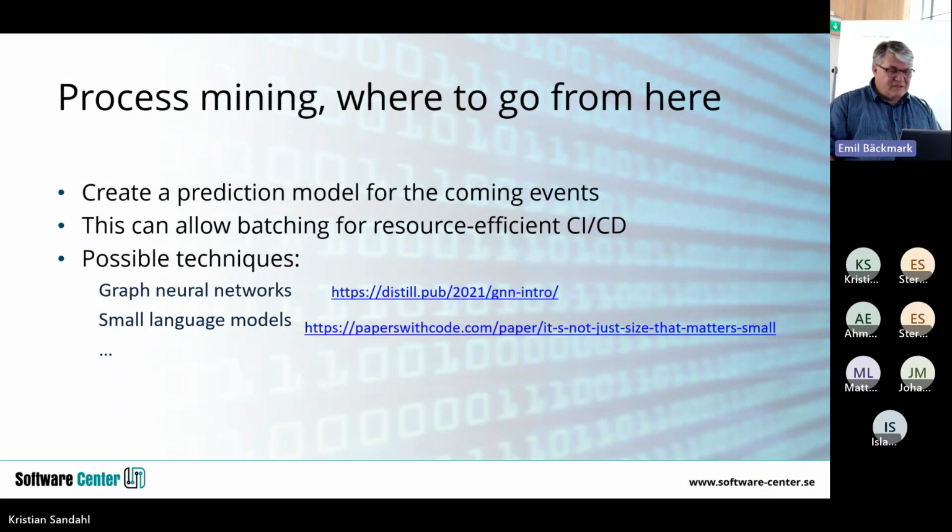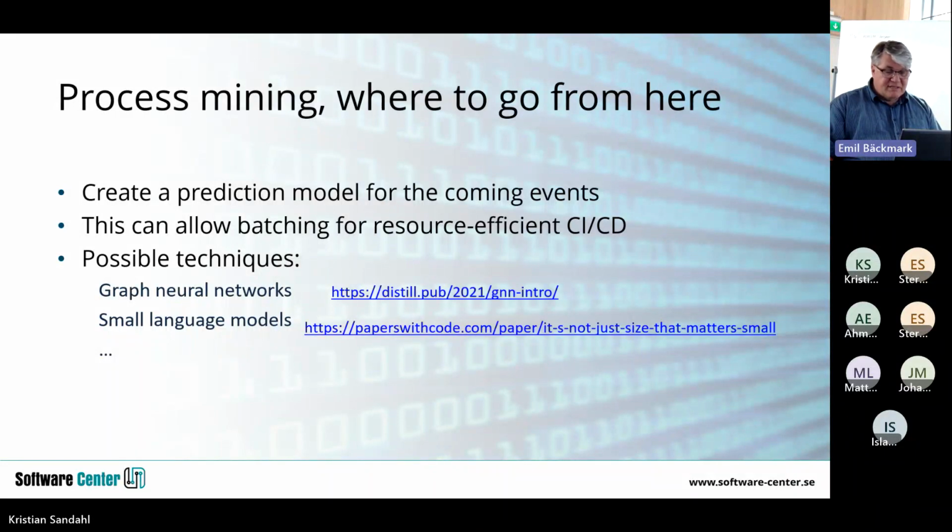And my last slide is something we have discussed also, about predicting upcoming events in Eiffel protocols to try to find patterns where we have processes and the likely continuation of that. One good reason for this can be to allow for batching different commits to be more resource efficient, so that we don't start big simulations on expensive hardware before we even know about that.